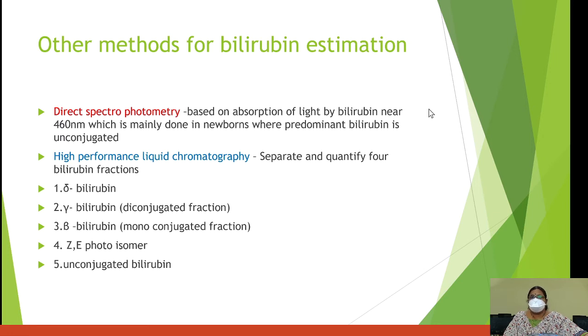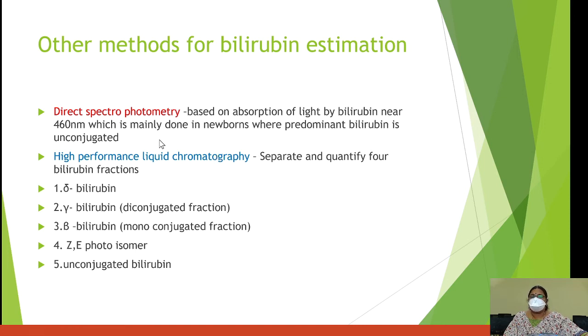Another method for estimation of bilirubin is direct spectrophotometric estimation. It is based on absorption of light by bilirubin near 460 nanometer. And that is mainly done in newborns where the predominant bilirubin is unconjugated.